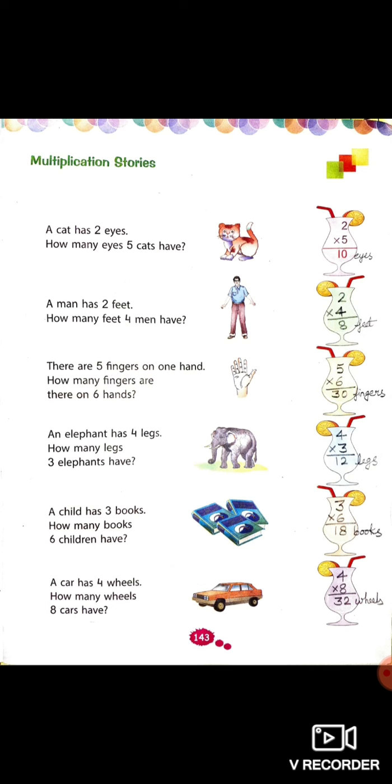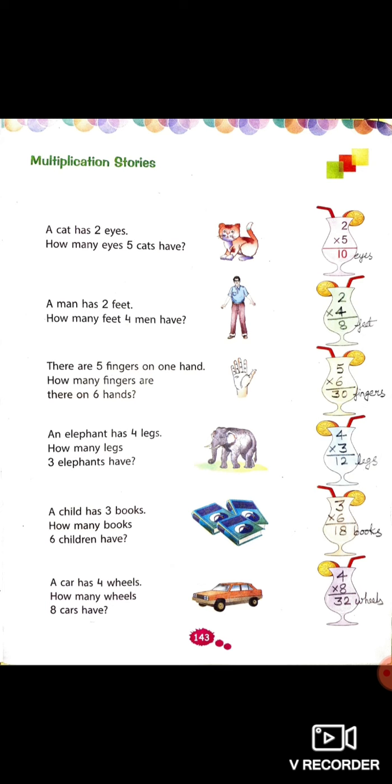Now the last problem is, a car has 4 wheels. How many wheels do 8 cars have? So the information which is given to you is about one car, that one car has 4 wheels. And what is asked, how many wheels do 8 cars have? So it is asking about 8 cars.